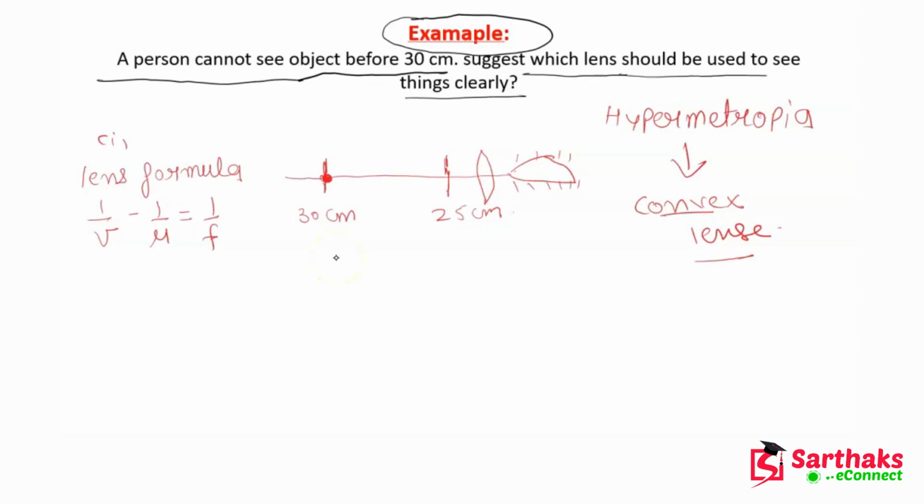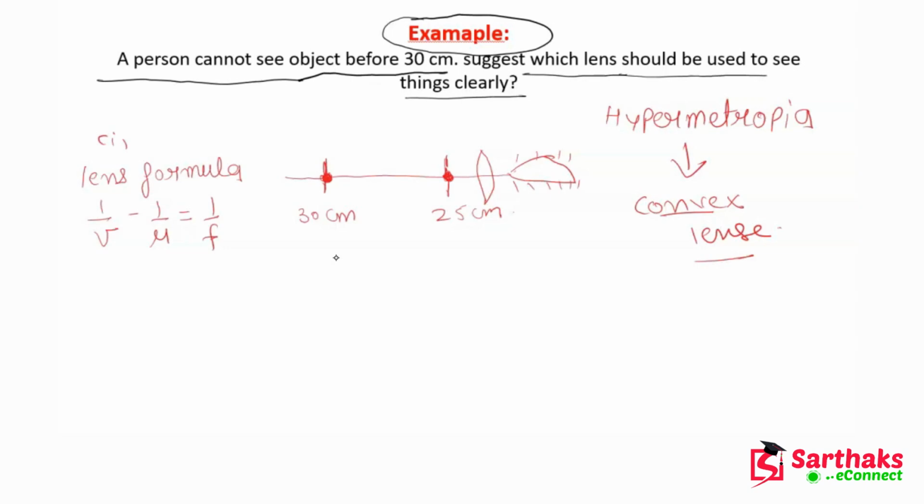We can correct it by forming the image at 30 centimeter. Let's suppose there is an object placed at 25 centimeter. This will not be seen by this eye because this is a hypermetropic eye. But if its image is formed at 30 centimeter, then this image will be seen by this eye, because it can see objects at 30 centimeter.